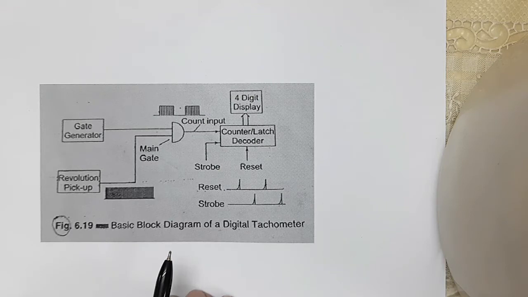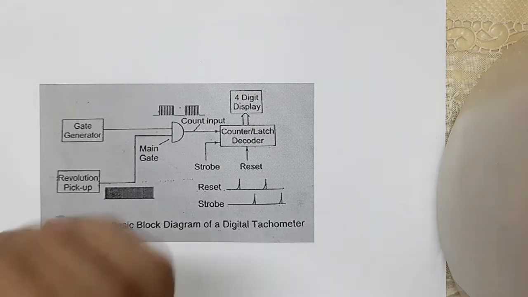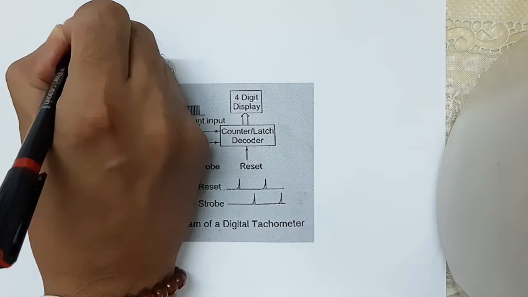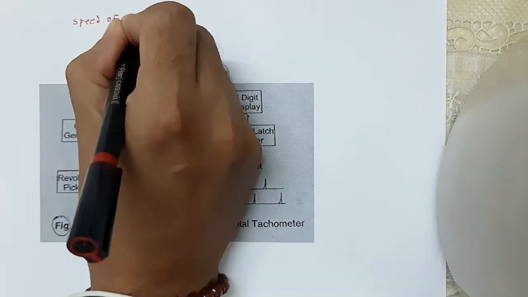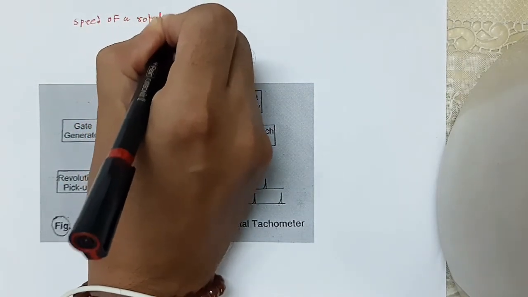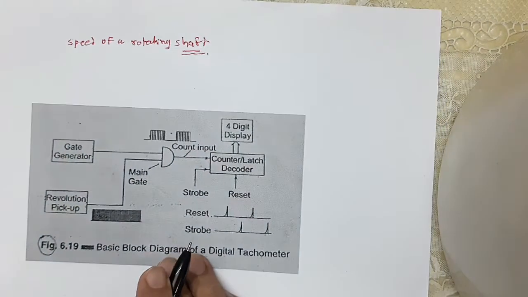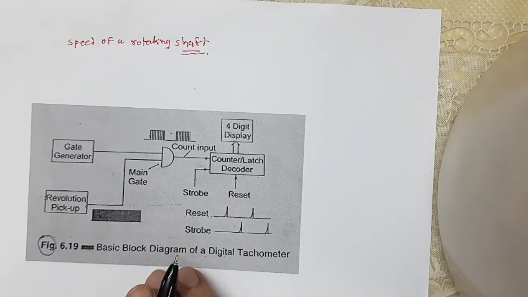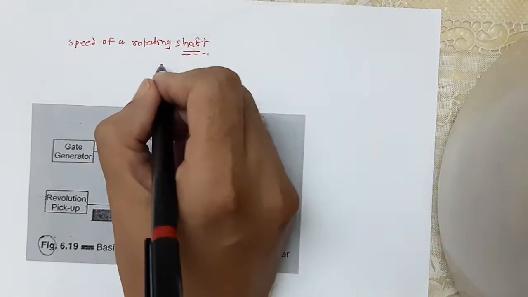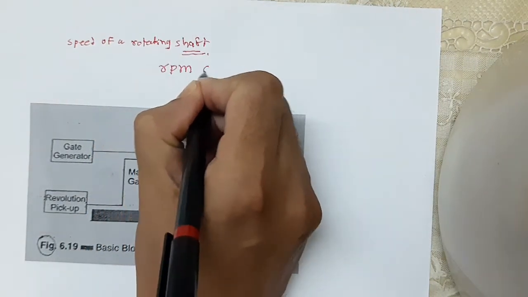The technique employed in measuring the speed of a rotating shaft is similar to the technique used in a conventional frequency counter, except that the selection of the gate period is in accordance with the RPM calibration.